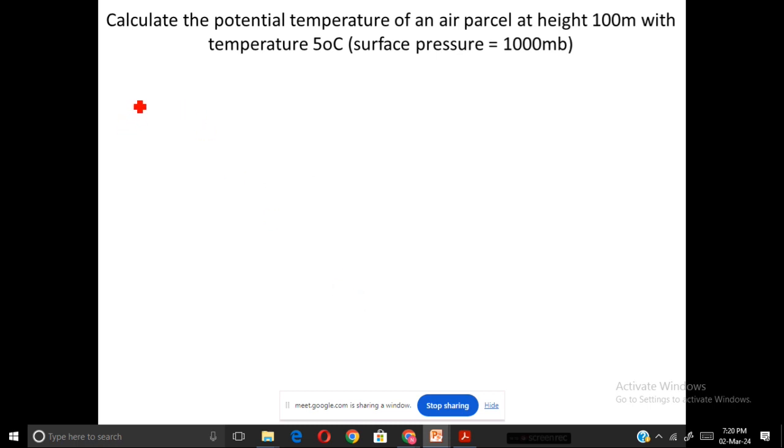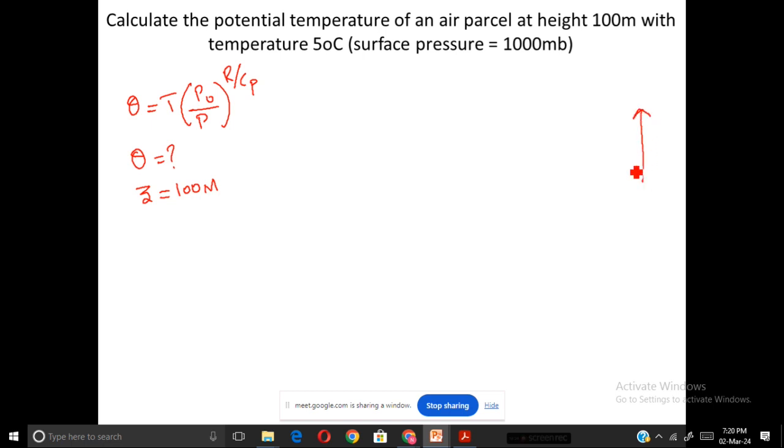So we know the equation for potential temperature. Theta is T into (P0 by P) raised to R by Cp. Theta we want to calculate. What all things are given? We have the height Z, which is 100 meter. So this is the level at which the air parcel is present initially.